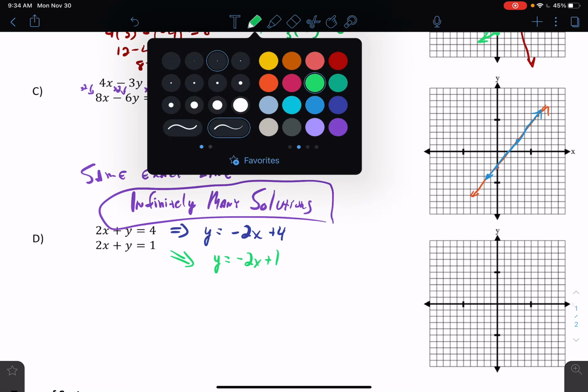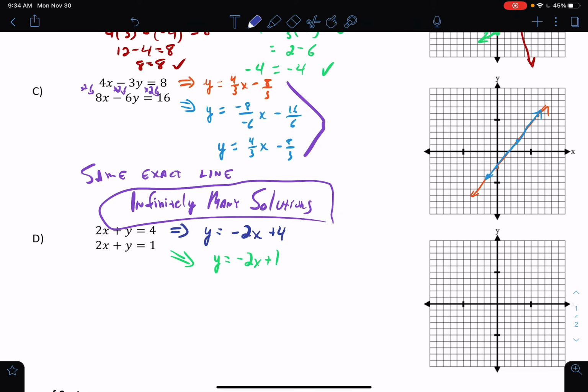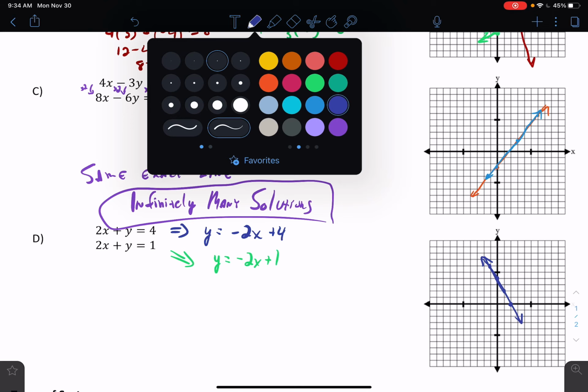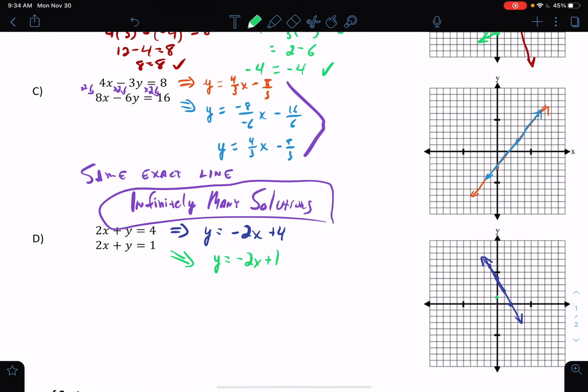So if I were to graph these, the first one I would start at 4, and I would go down 2 to the right 1, or up 2 to the left 1. For the second line, I start at 1, and I go down 2 to the right 1, or up 2 to the left 1.